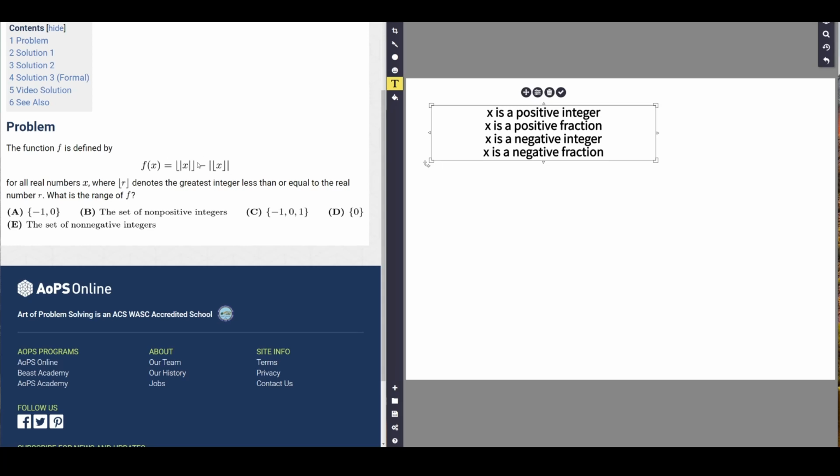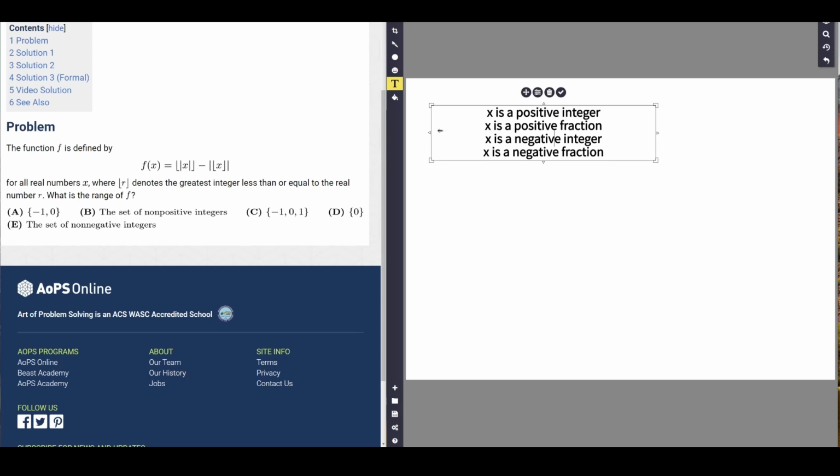For example, if you put -1 in there, the absolute value of -1 is 1, and the greatest integer less than or equal to 1 is 1. Then the greatest integer less than or equal to -1 is -1, and the absolute value of that is 1, so 1 minus 1 equals 0. You can check that with positive integers, but it's always 0 no matter what.